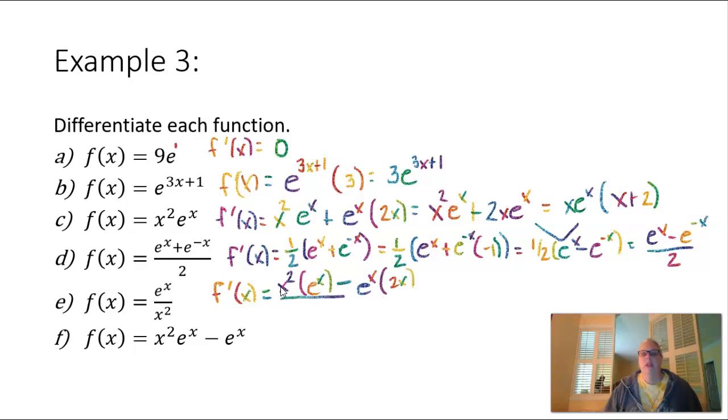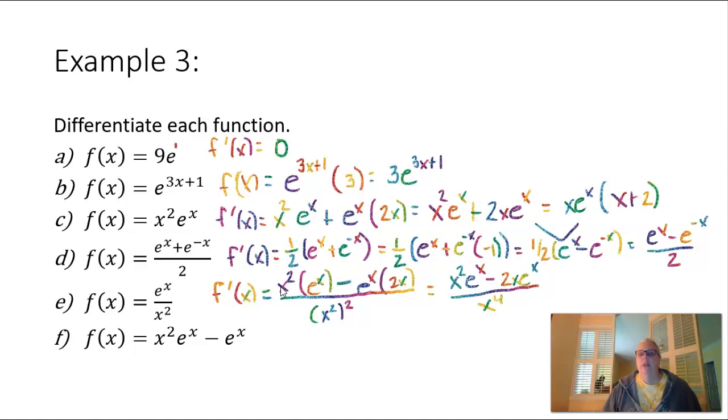And then all of this is supposed to be divided by that denominator squared. So this is going to give me x squared e to the x minus 2x e to the x over x to the 4th.